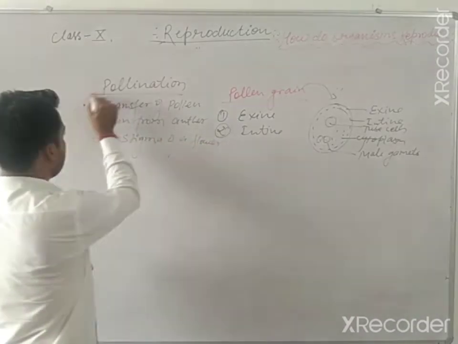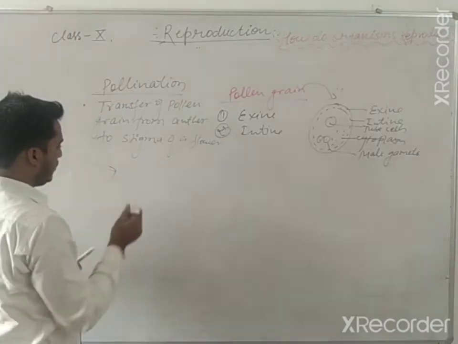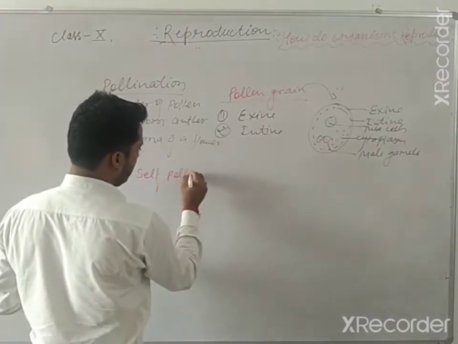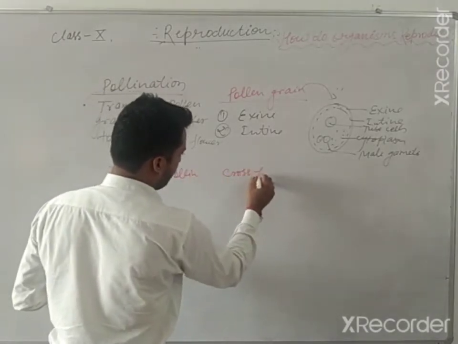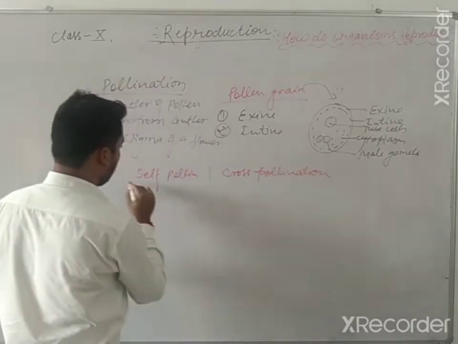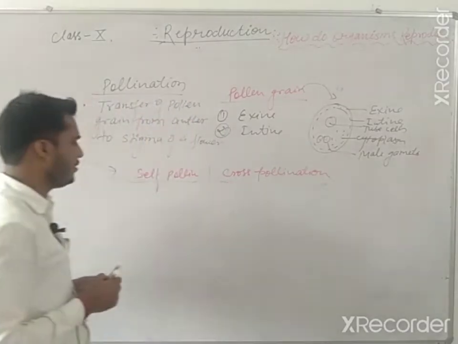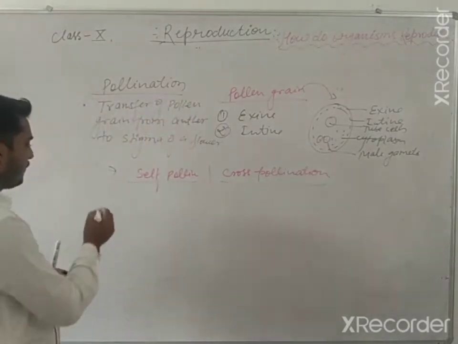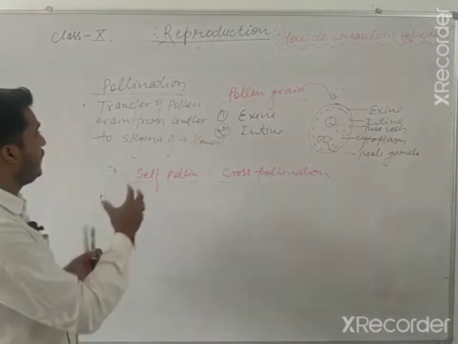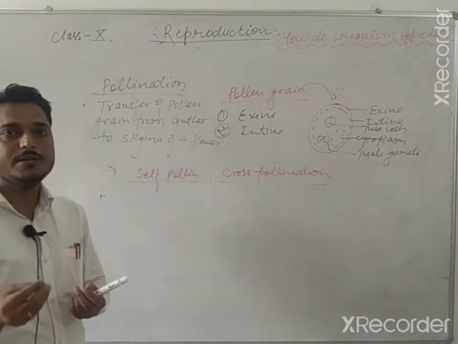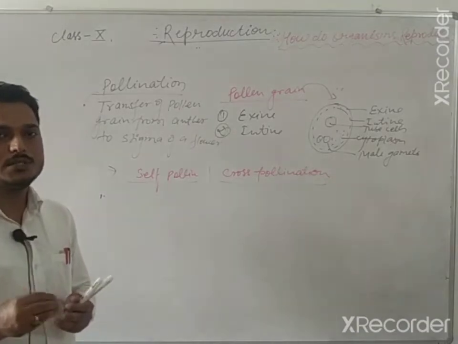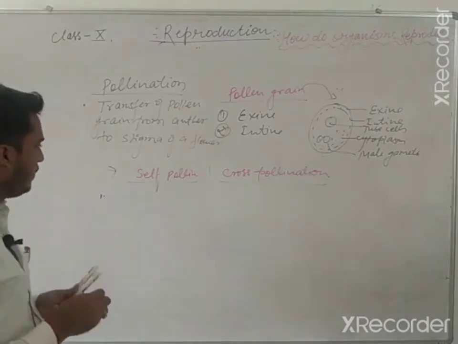It is of 2 types, self pollination and cross pollination. Self pollination is when a pollen grain is transferred on the same flower, which consists of the female portion, the stigma.